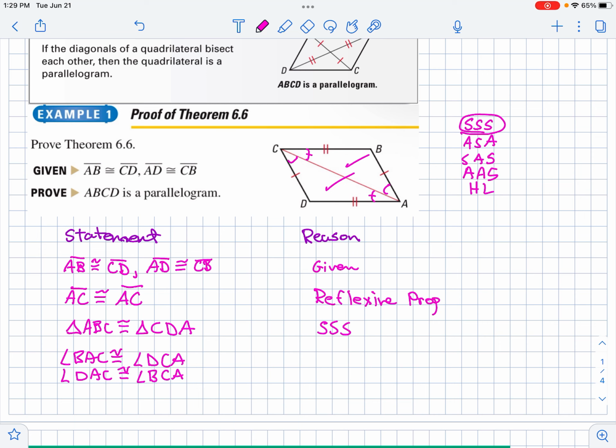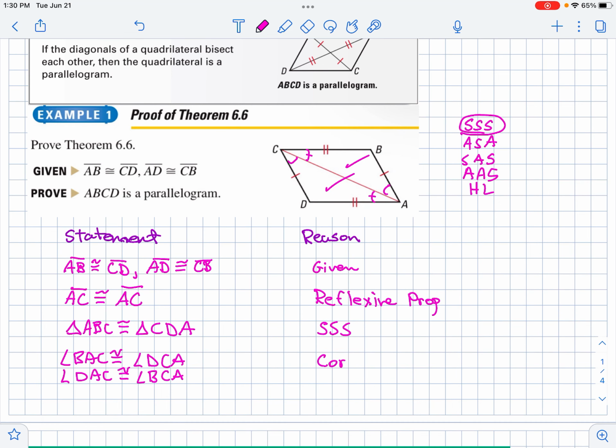And that's because, I got ahead of myself, corresponding parts of congruent triangles, let me just abbreviate, are congruent. There we go.